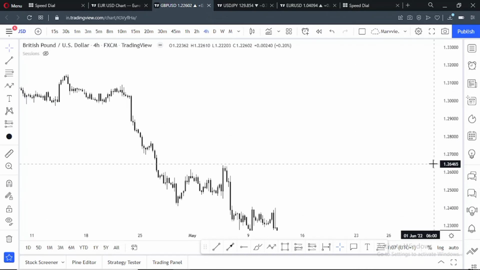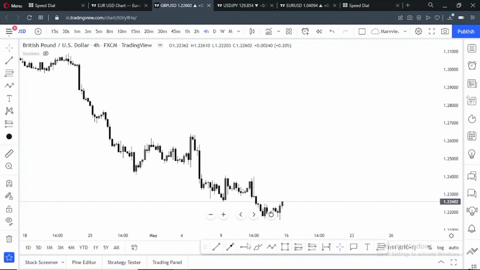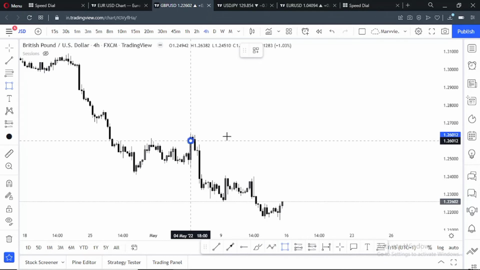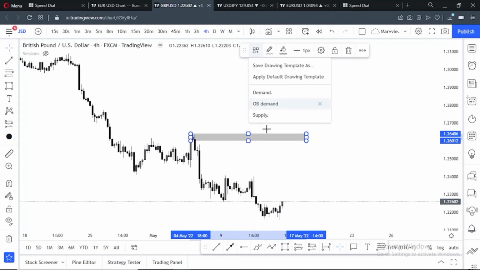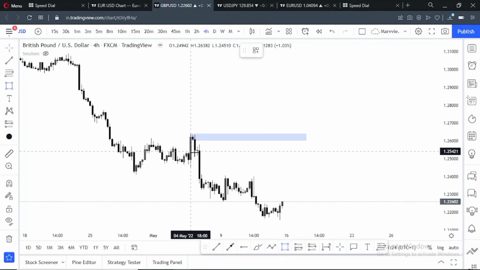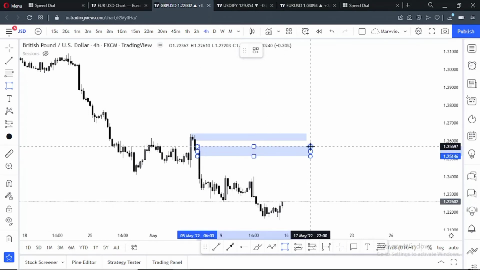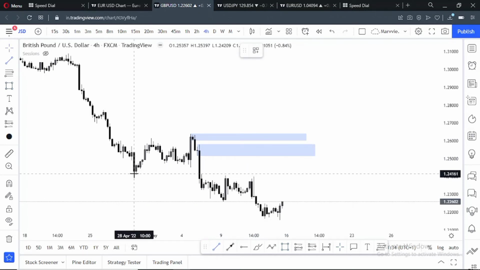So GBPUSD on the 4 hour time frame, I can see this supply zone here. Supply zone. I can see this one also. Break of structure from here.